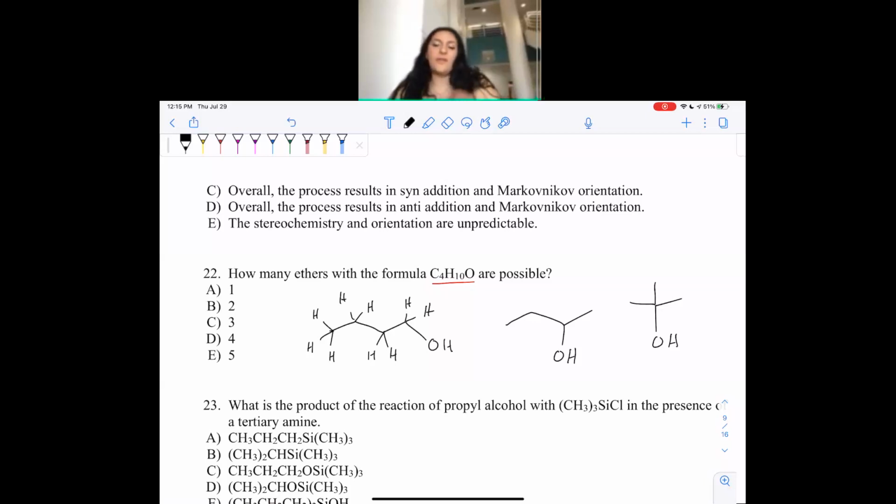Can you think of maybe another function? There we go, O in the middle. Yes. So let's say we have something like this. Let's make sure the hydrogens check out. So we have 3, 4, 5, 6, 7, 8, 9, 10. Perfect.